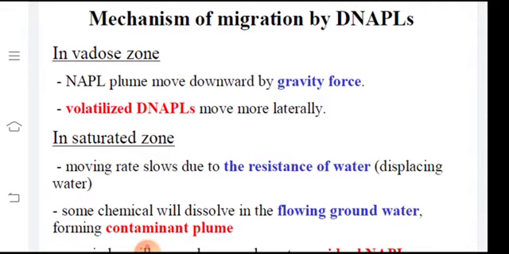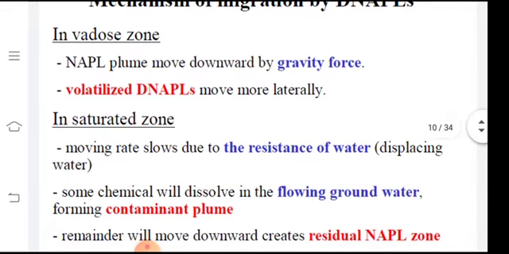Now let's apply the same behavior in soils, in the vadose zone, and in the saturated zone, the groundwater zone. So in the vadose zone, the NAPL plume moves downward by gravity force.